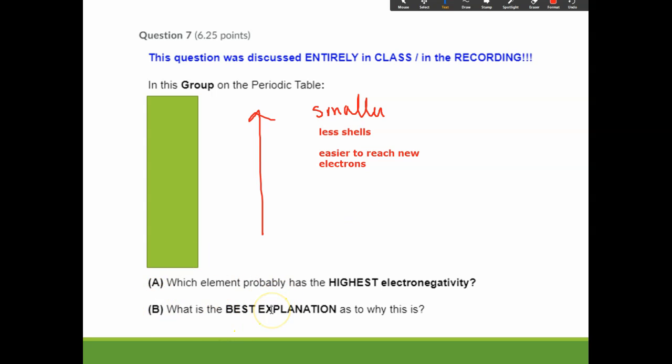Make sure you read the explanations correctly, because the explanations might look right, but if you don't read the whole explanation, you will get it wrong. So read the entire explanation and make sure it is 100% true, because there are tricky explanations. All right, so that'll help you with this one. Pause the video and then continue playing when you're ready.